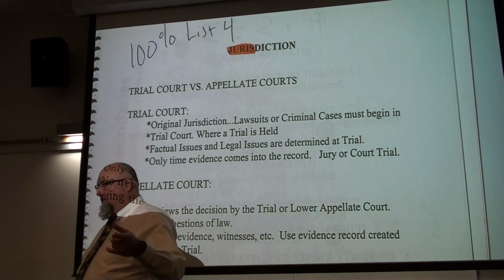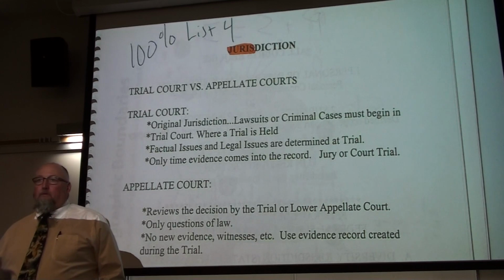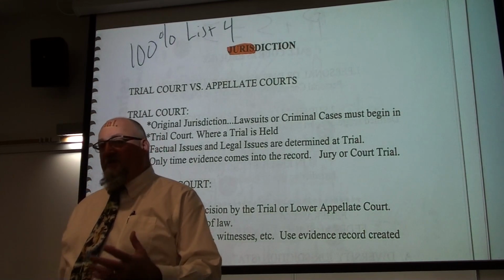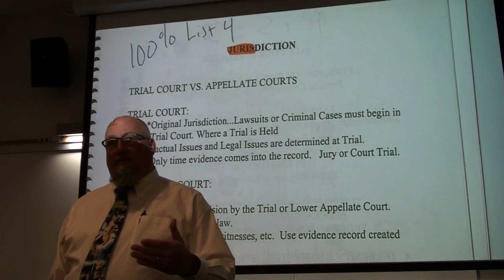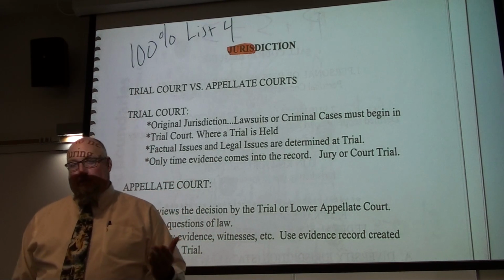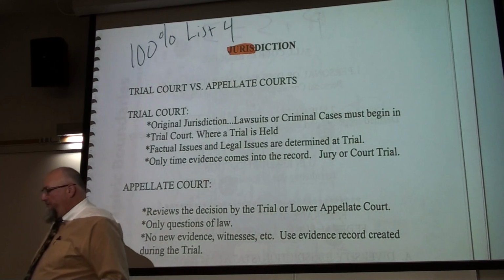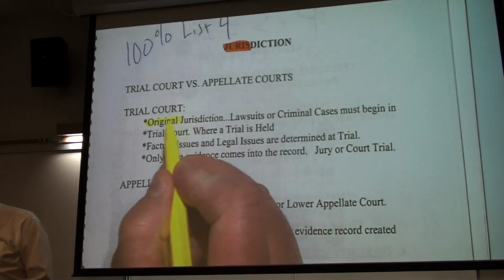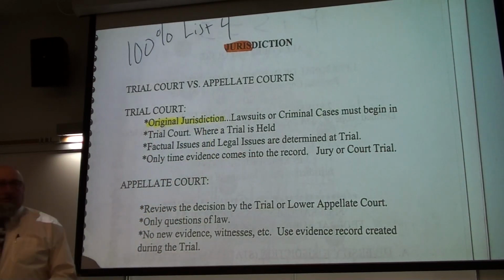So let's start with a trial court. A trial court is, as the name says, the place where a trial will be held, which I'll get into more in a minute. What is a trial? But the first thing I want you to understand about a trial court is it's a court of original jurisdiction.